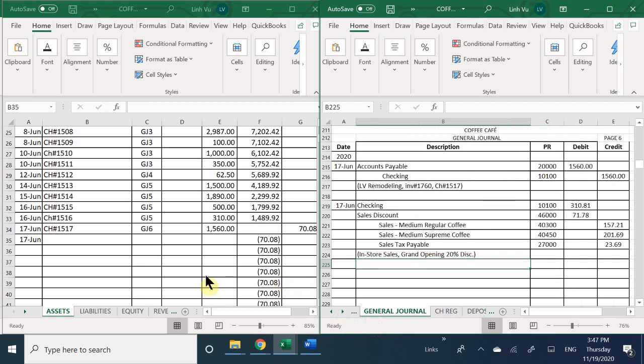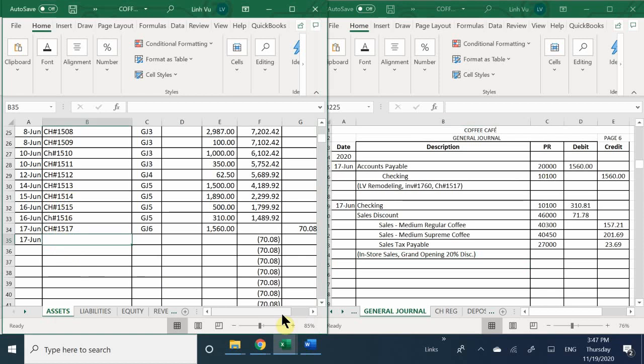So now I can go to my ledger and actually say that yes, I deposited the money into the bank. So we went on 6/17. And here we're just stating it as a deposit. You can either do the deposit or you could be more specific and say where this money came from.